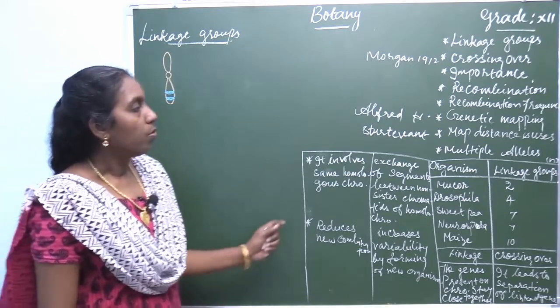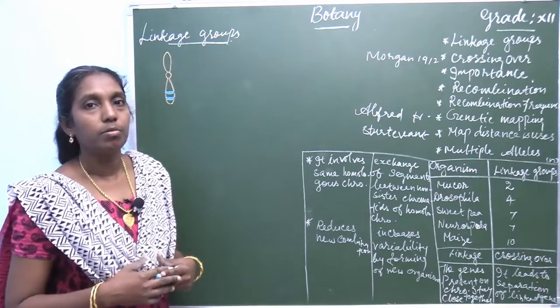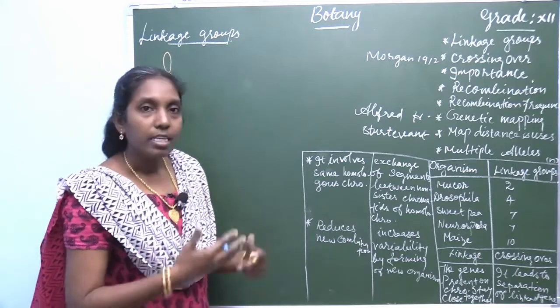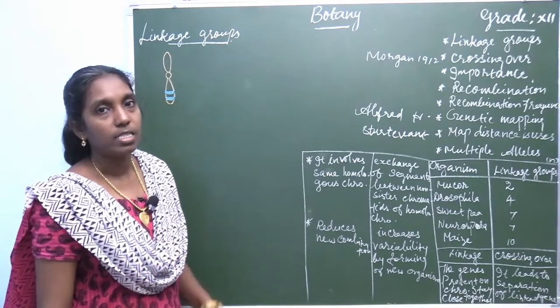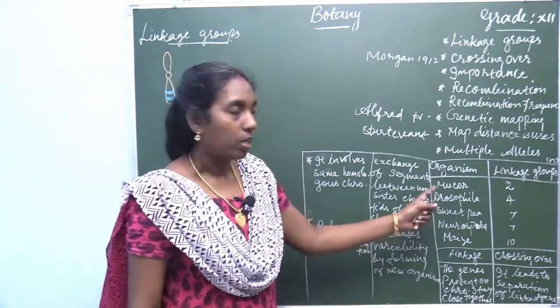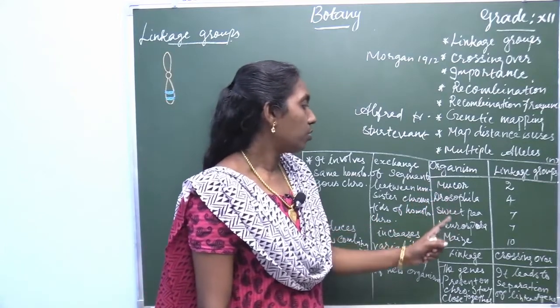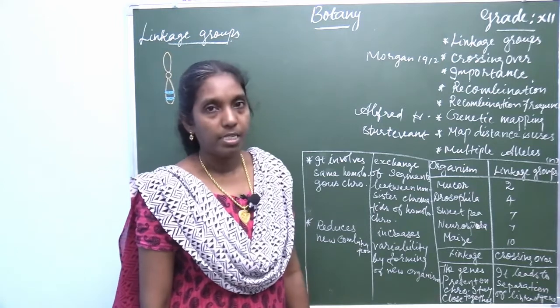In a species, in an organism, the number of linkage groups corresponds to the number of haploid sets of chromosomes. There are some examples. These are the organisms: Mucor, Drosophila, sweet pea, Neurospora and maize.